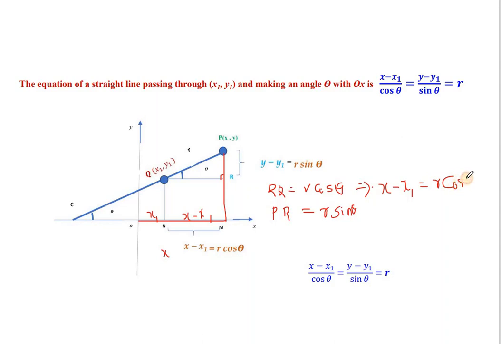And the same way we have y minus y1, because the entire length is y, and we have only this one to be y1. So y minus y1, that I will get as this PR. So we have y minus y1 is equal to r sin theta.